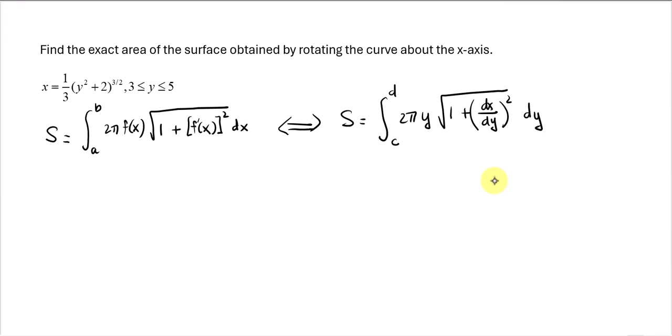So again, we use this formula whenever the curve is written in terms of y.